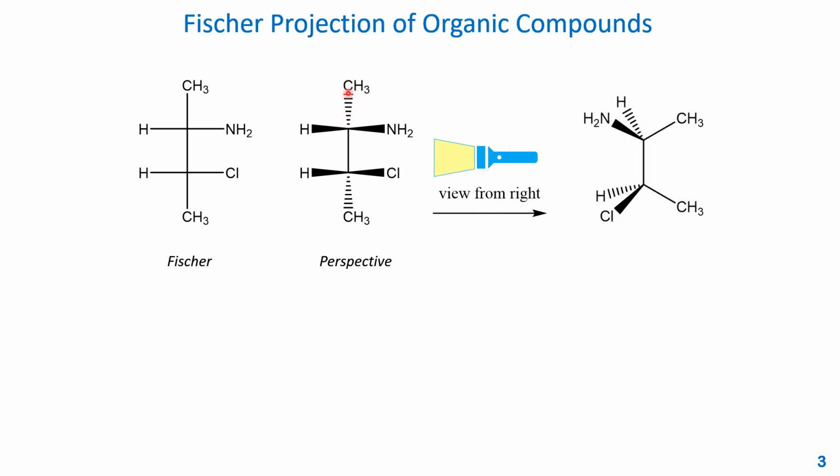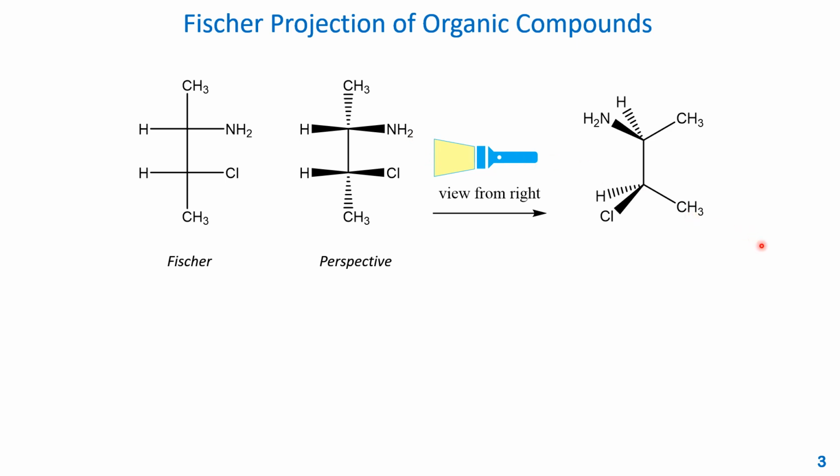Since this methyl is pointed away from you, from this right side it will be pointed to right. Same thing, this methyl will point to right. This amino group will point to you. This hydrogen will be pointed away from you. Chlorine will point to you, and hydrogen point away from you. So that will be the perspective from right view.